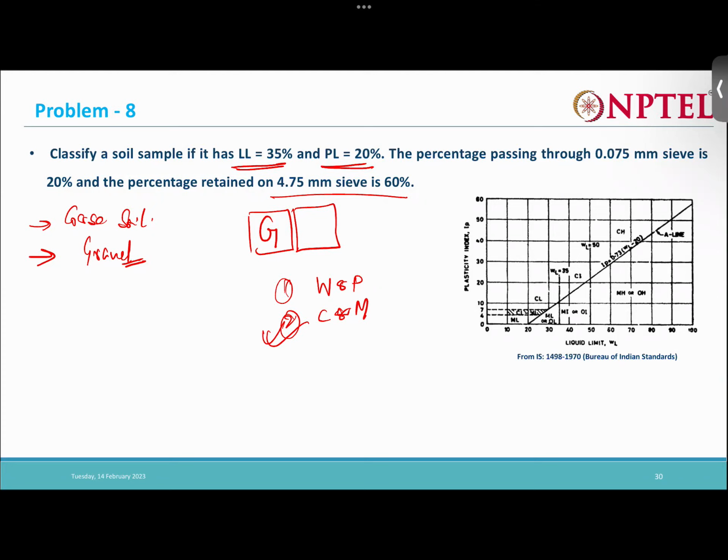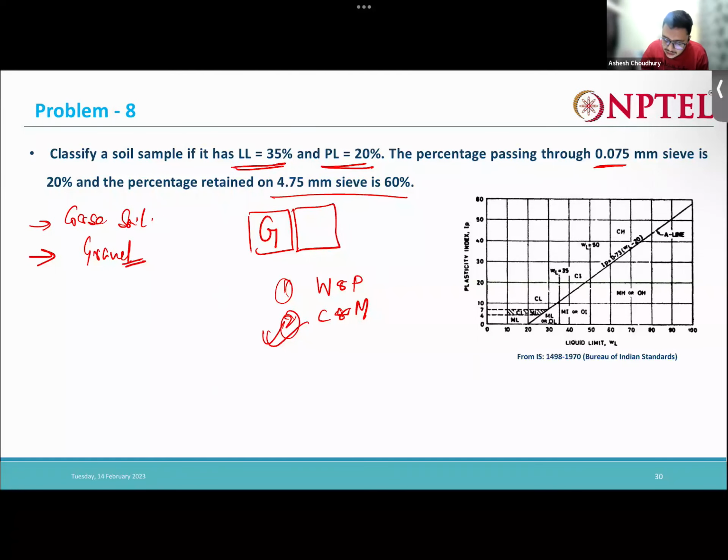In the question, the liquid limit and plastic limit are given. No, that is one. It might just be given to confuse you. Just for a small quantity also, we can find the liquid limit and plastic limit. Okay, that is one, you are correct. But the main thing is that the percentage passing through the 75 micron sieve is 20%.